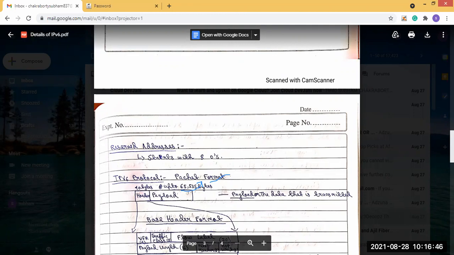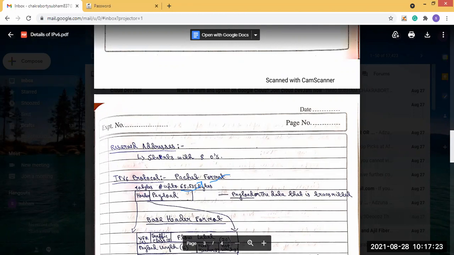So these are the 5 types of address space used in IPv6. One is the unicast address, the next is the multicast address, the third is the Anycast address, the fourth is broadcasting and multicasting, and the fifth type is the reserved addresses, which are used for reserved purposes and start with 8 zeros. So these are all the types of address space in IPv6.